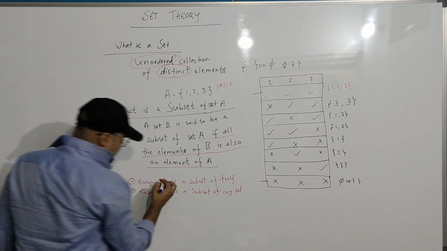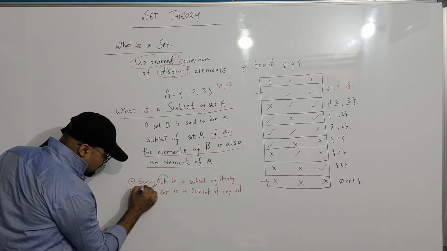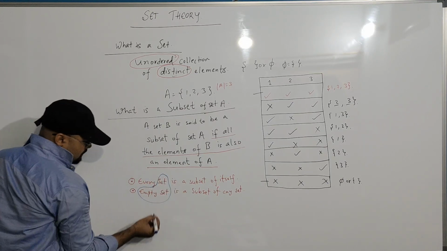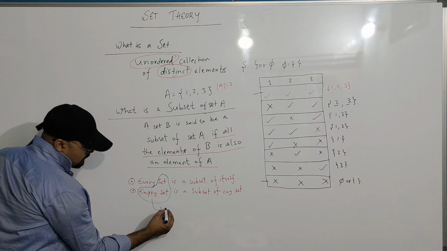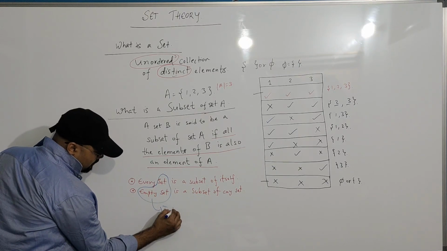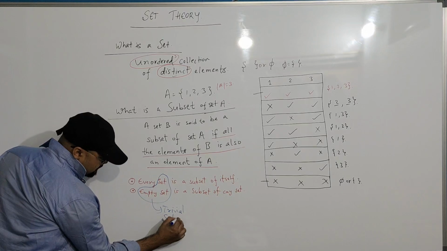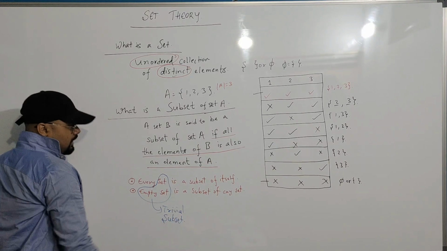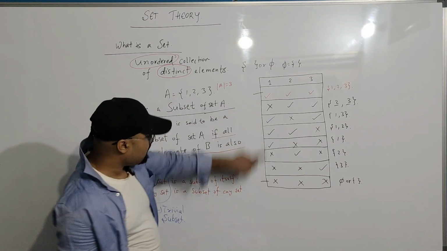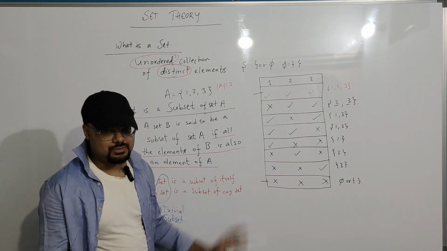For any given set, the set and the empty set are the two trivial subsets, and the remaining ones are subsets.